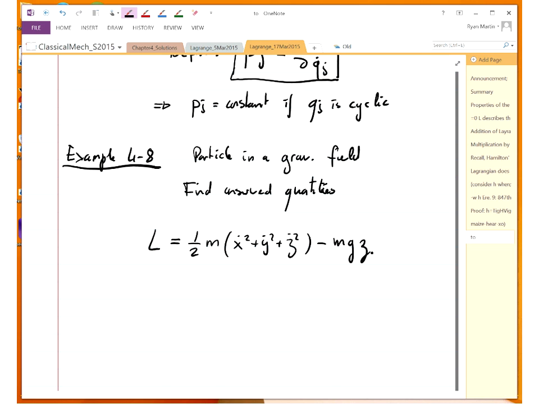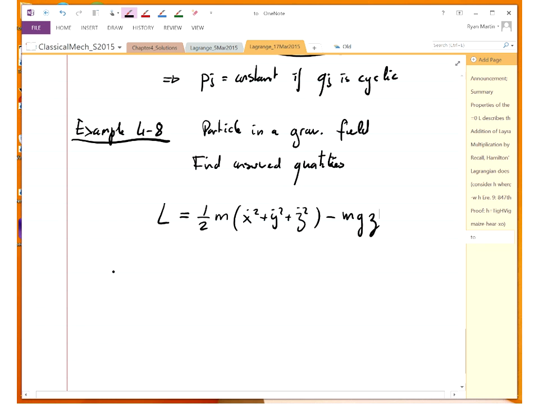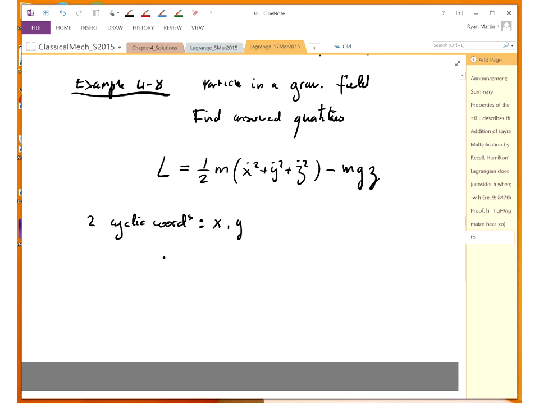So let's start with cyclic coordinates. So how many cyclic coordinates in this Lagrangian? We have two cyclic coordinates, x and y. The Lagrangian does not depend explicitly on x or on y. It does depend explicitly on z. The last term has a z in it. But there are no terms with x's or y's in them.